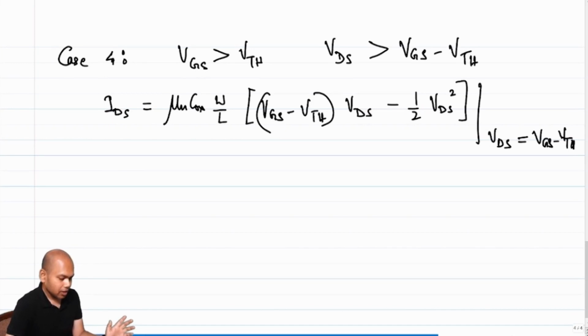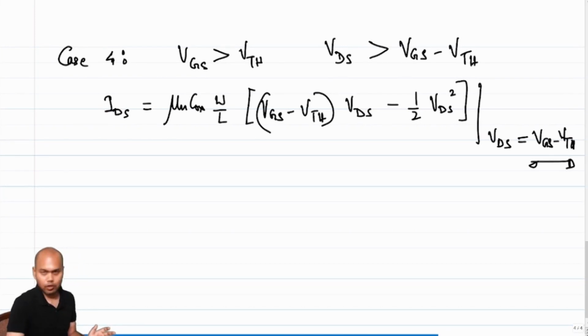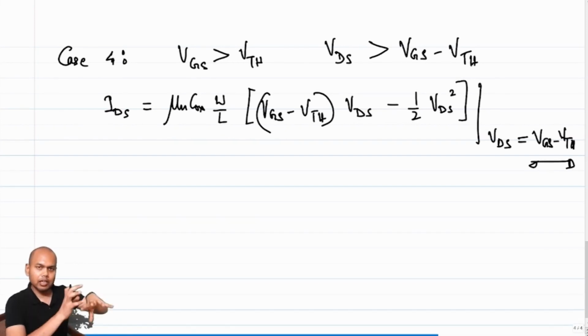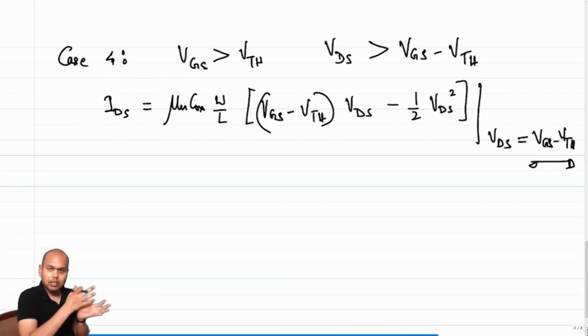Okay. However, if you keep on increasing VDS and reach a value of VGS minus threshold voltage, right? After that, this current will get pinned. The current will not increase anymore, right? So what is this equation telling you? It is telling you that if you keep VGS constant and keep increasing VDS, this current is supposed to increase.